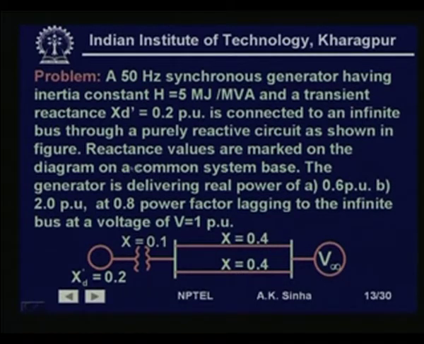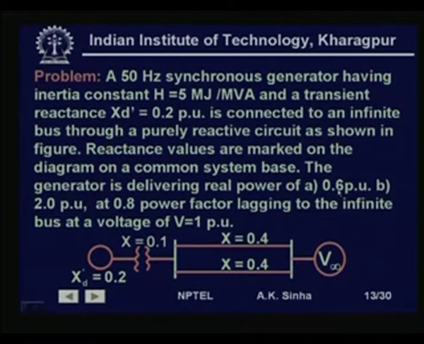The generator is delivering real power of A, 0.6 per unit, and B, 2 per unit, at 0.8 power factor lagging. What we are trying to do is analyze the dynamics of the system for two conditions.